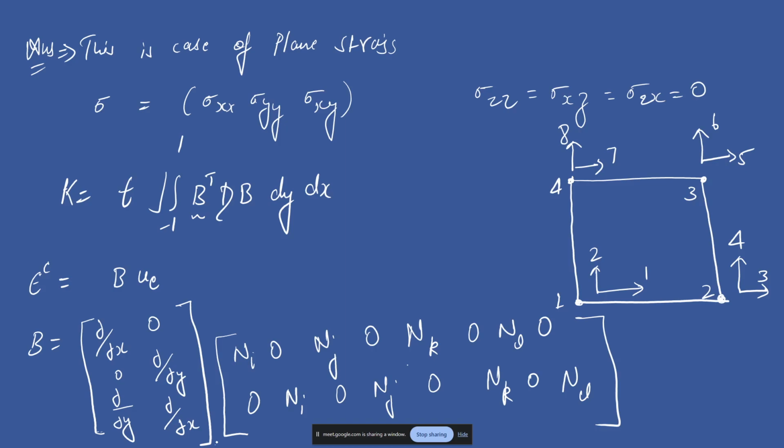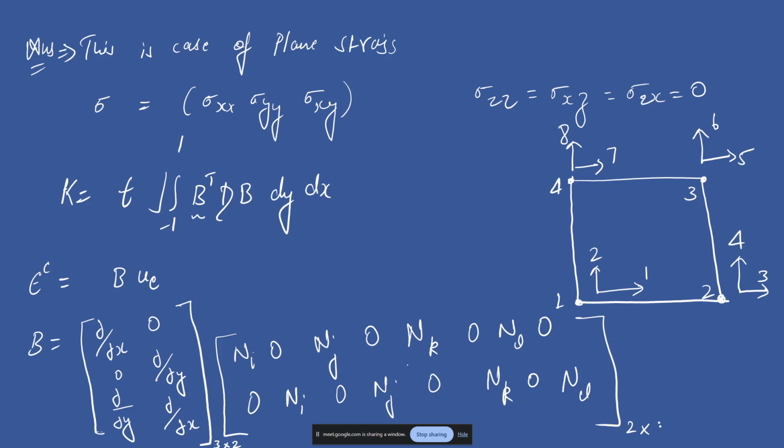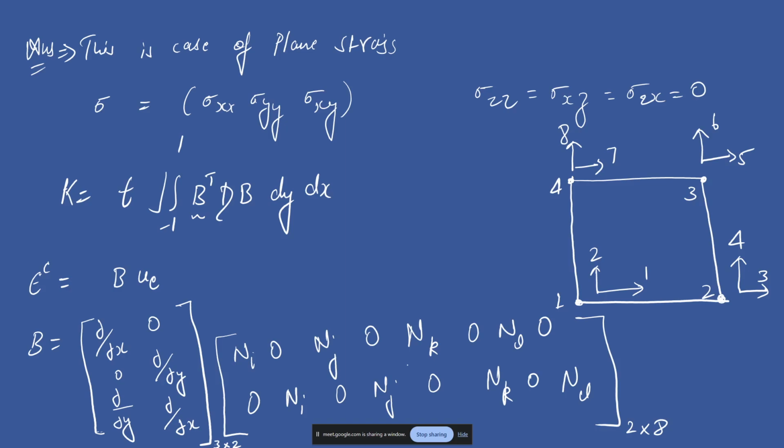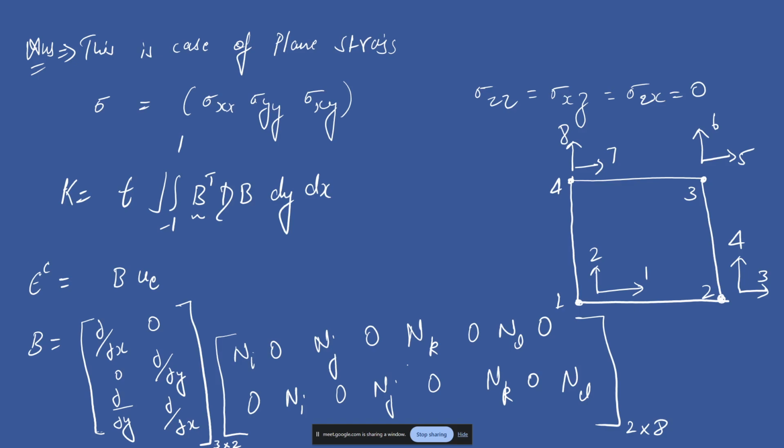This is a matrix of order 3 by 2 and this is of the order of how much, 2 by 8, right? So first we need to evaluate the shape functions and their derivatives.